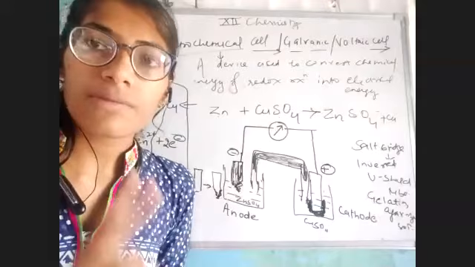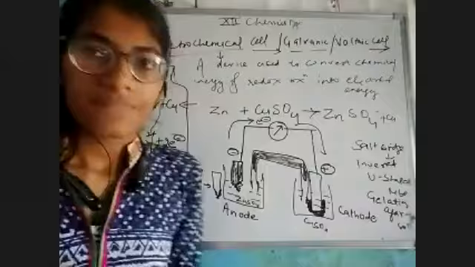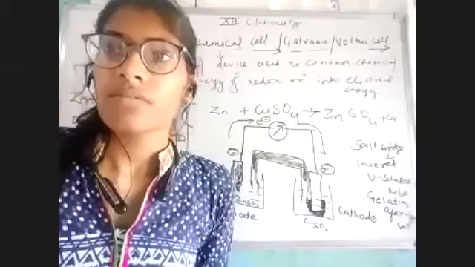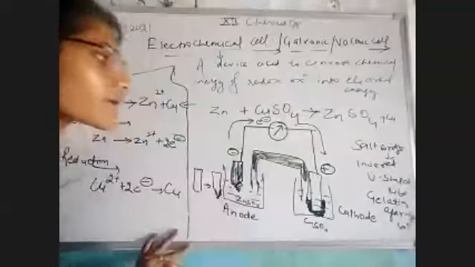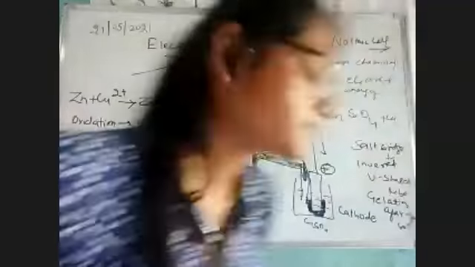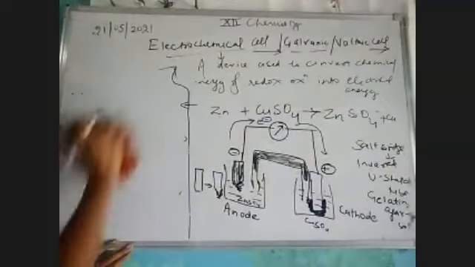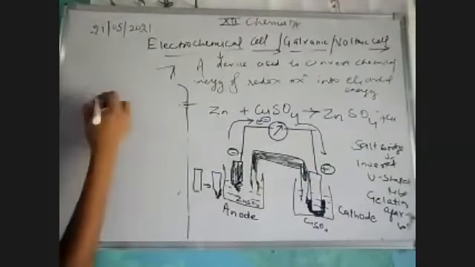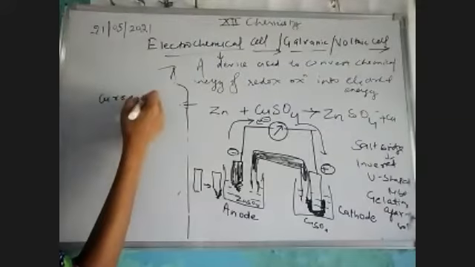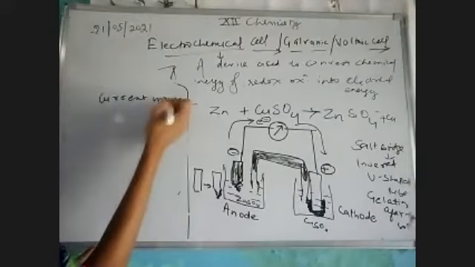There is circulation of electrons. Zinc releases them. Current moves opposite to the direction of electrons.